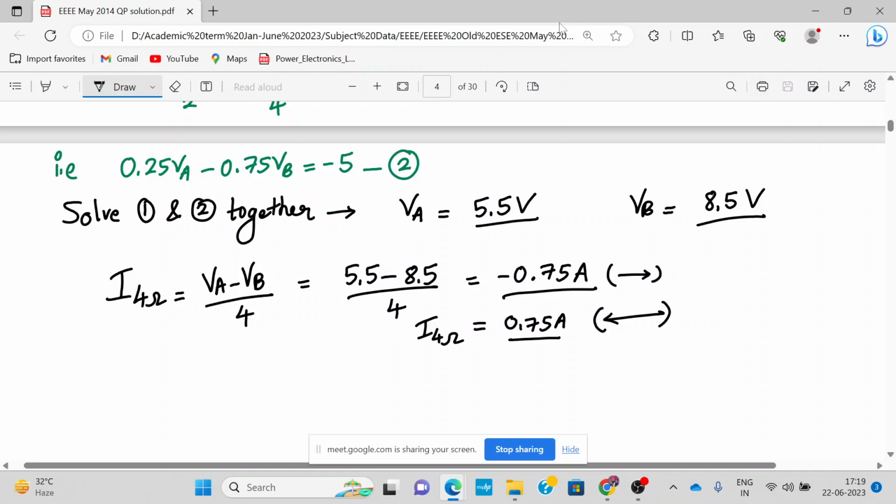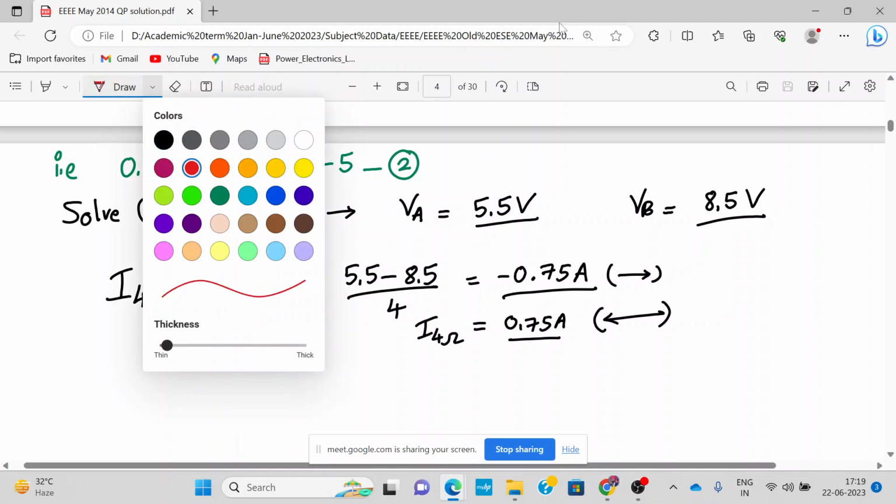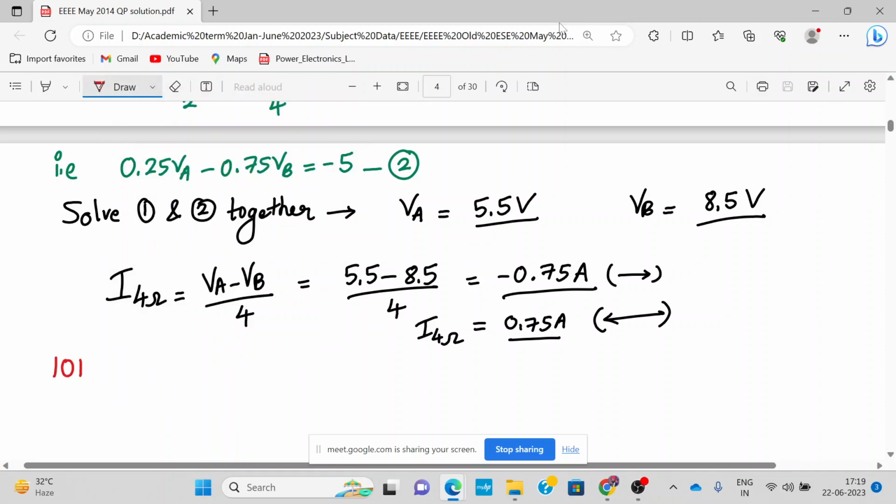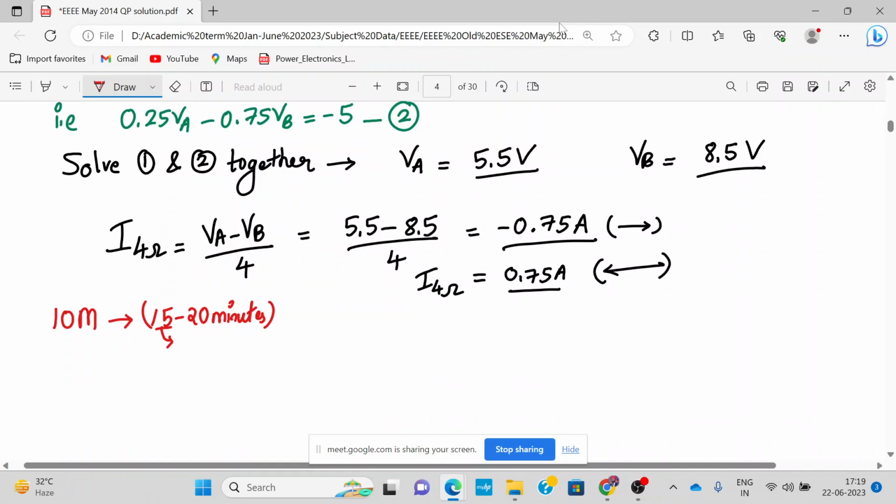If they ask you this question in the exam, mostly it will come for 10 marks. And for 10 marks, mostly 15 to 20 minutes are sufficient. Max 20 minutes, but not more than that. And we have solved this numerical within around 10 minutes.